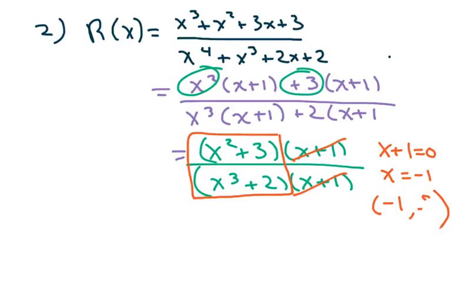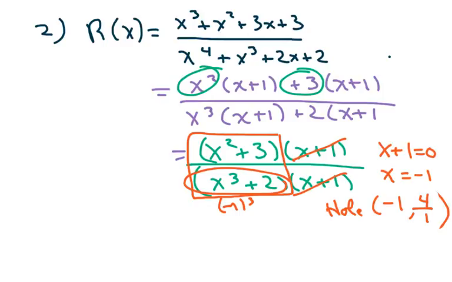Sorry, I can't add. So you're going to get 4 in the numerator and 1 in the denominator, so that gives you 4, because negative 1 cubed is negative 1 plus 2 is 1. So that's your hole.